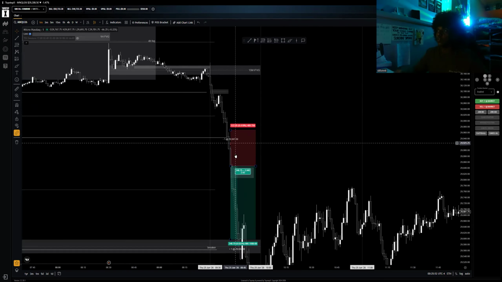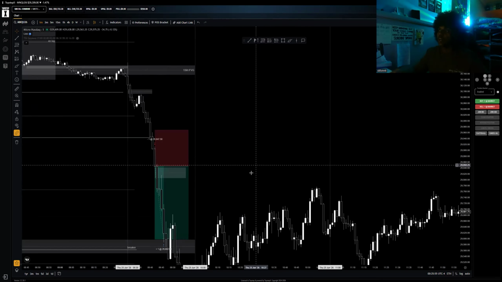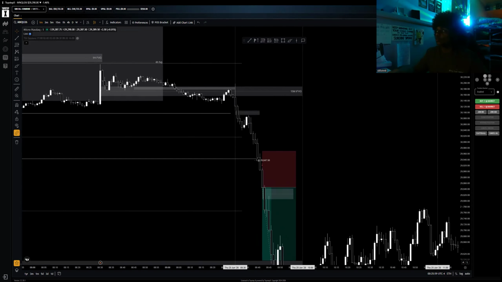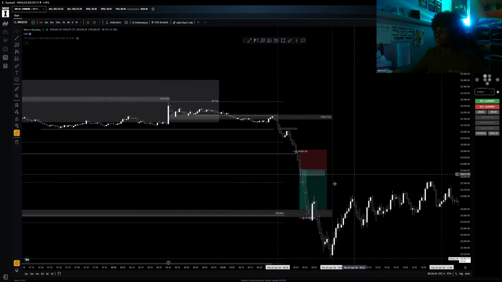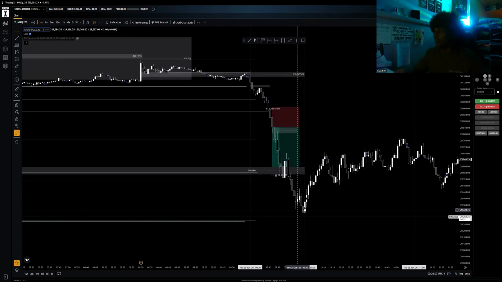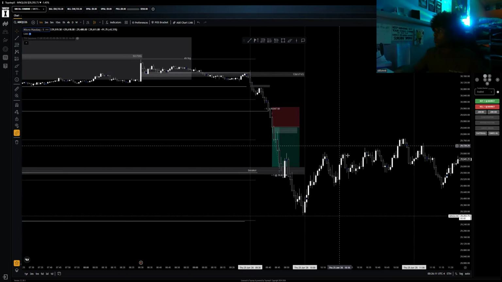And after seeing this flush, creating a lot of breakaway gaps, price is obviously about to go down. So it was a no brainer, even if I were to wait for the price to do its thing. I don't have a buy entry right here. I don't do none of that.